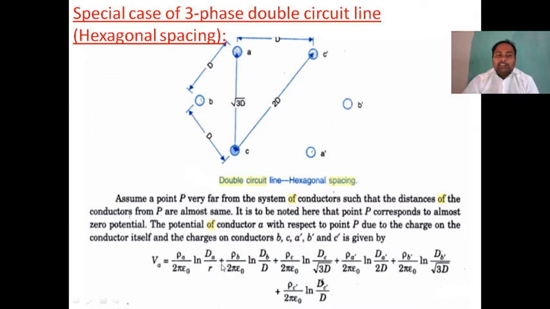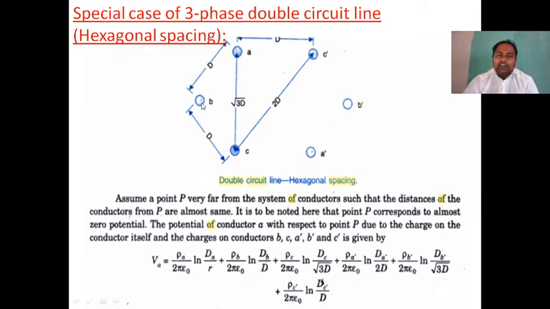The next term is plus rho B by 2 pi epsilon naught, the electric potential of conductor B: rho B by 2 pi epsilon naught log dB by D. What is dB?